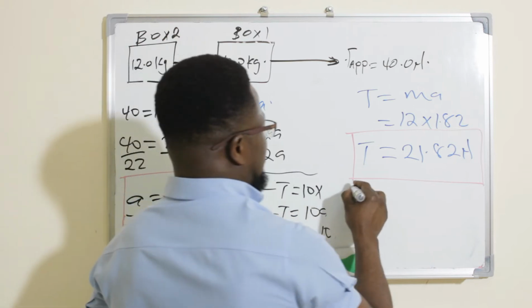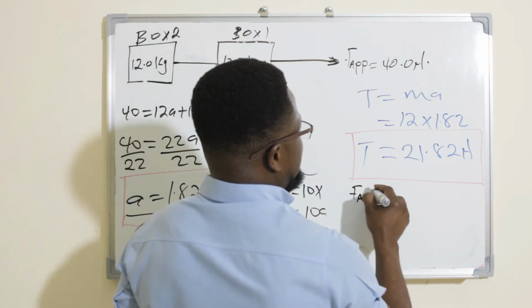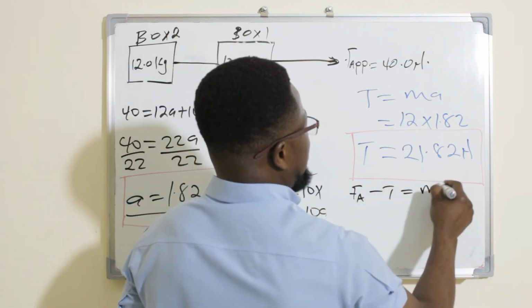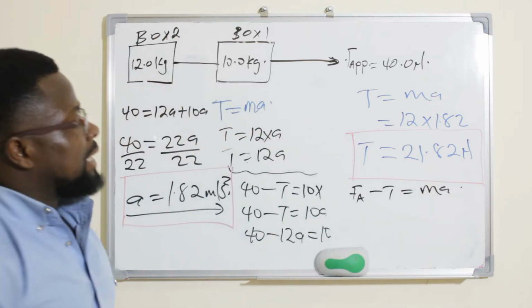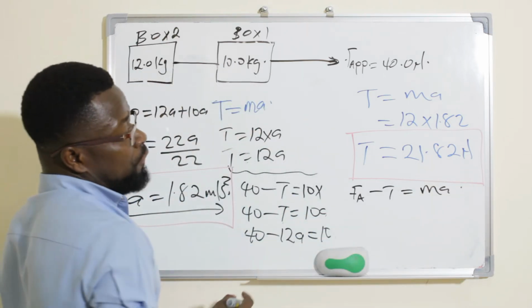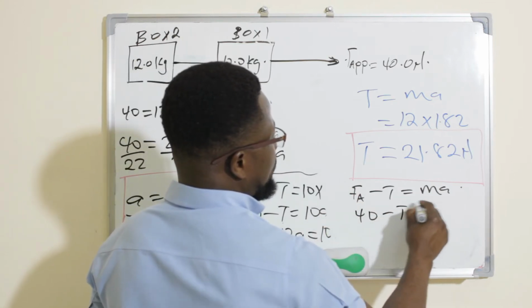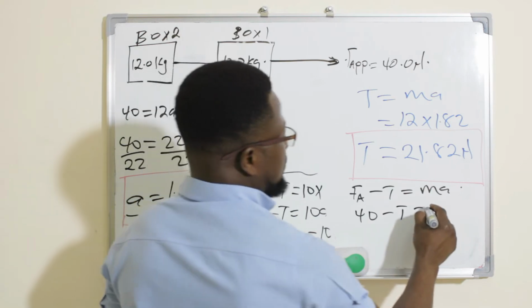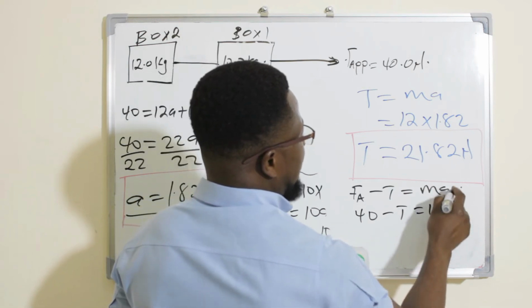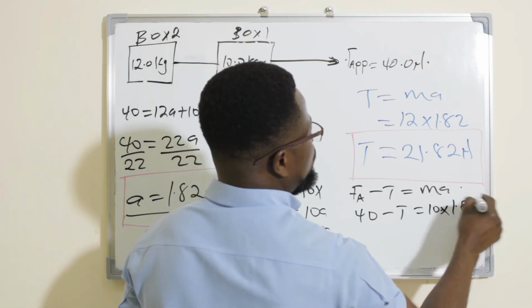And that was FA minus T is equals to MA. So let's try that and see. If you're looking for the tension, this is given as 40 minus T, and this is given as 10 multiplied by A, which is 1.82.